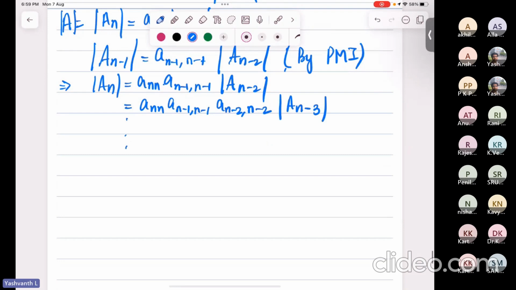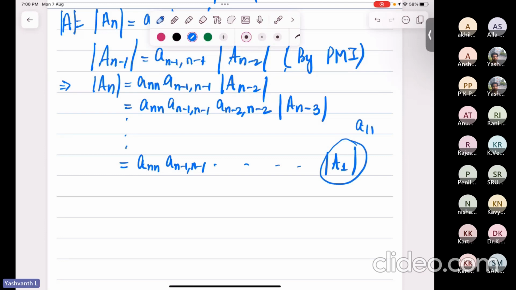Okay, and if you keep on going, you can show that it's nothing but a_nn into a_{n-1,n-1} and so on till A_1, which contains just one row and one column, which is nothing but a11, the first element itself.